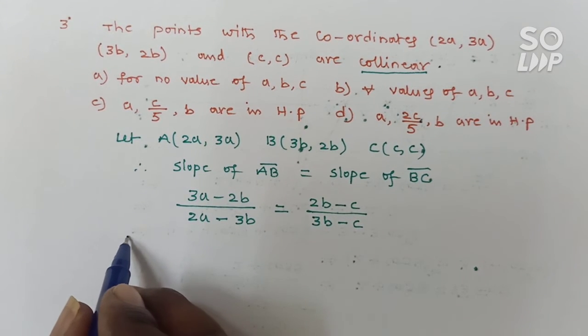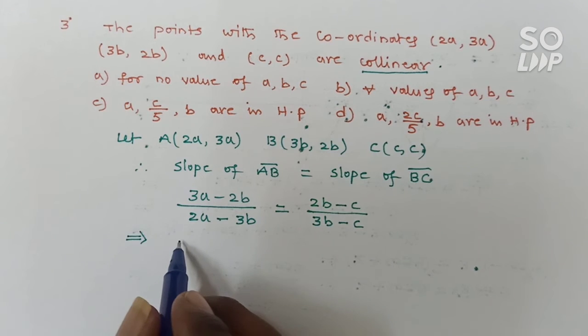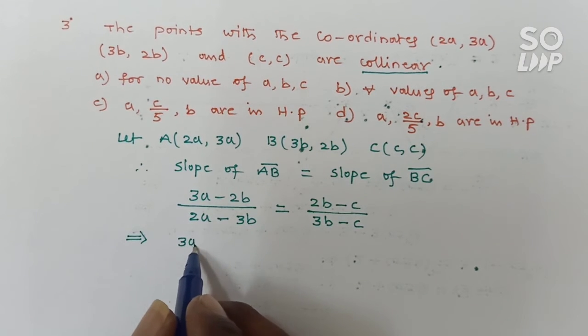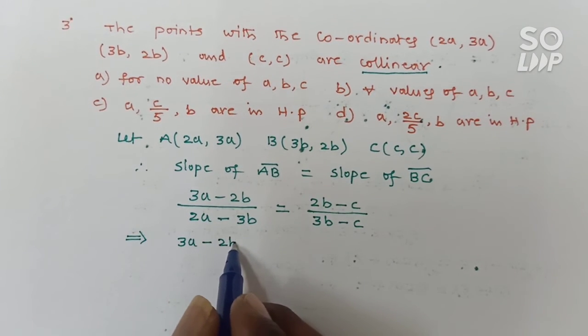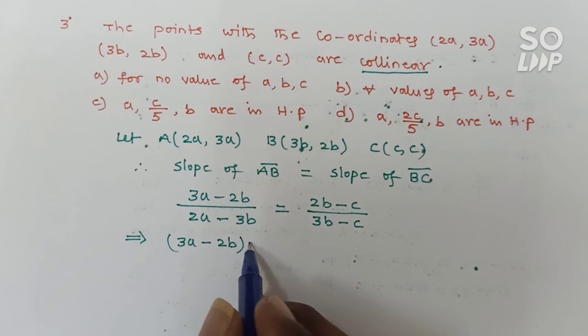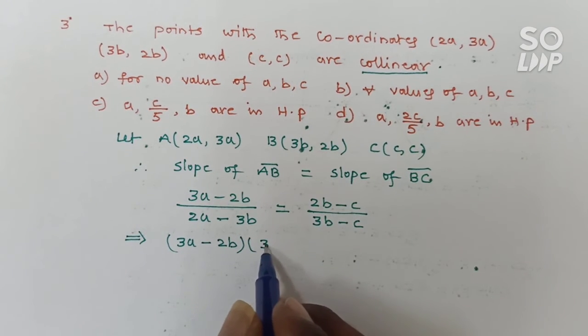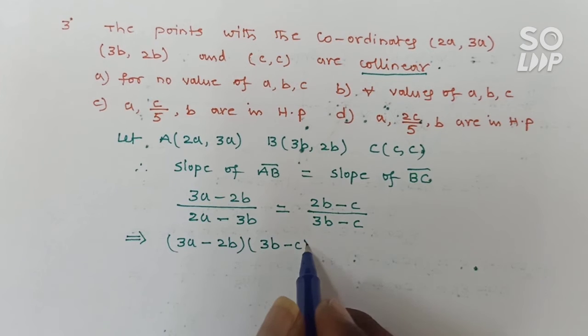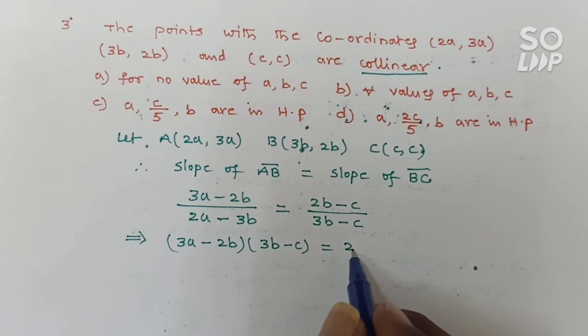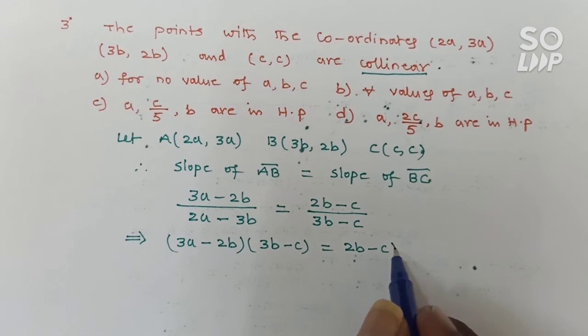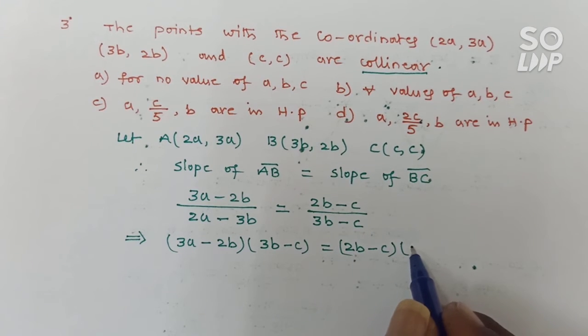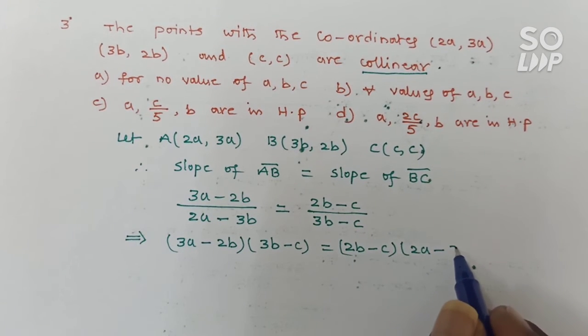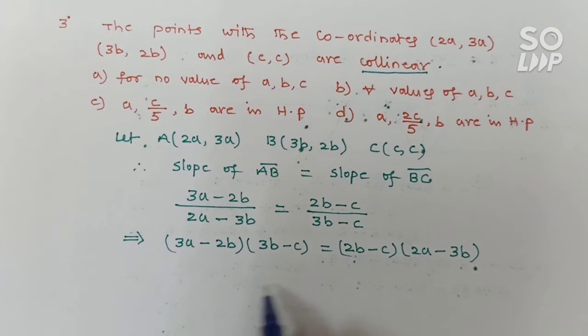By cross multiplying, you will get 3a minus 2b into 3b minus c is equal to 2b minus c into 2a minus 3b. Now you simplify.